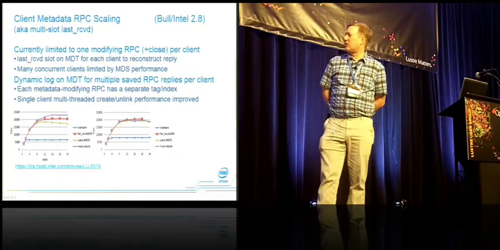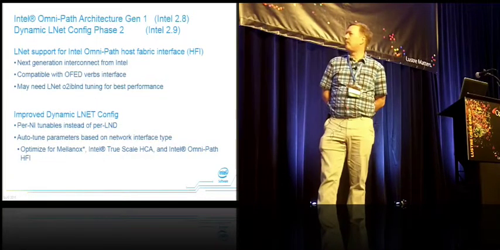The bottom line is the current performance with the RPC serialization, and some early testing just to disable the serialization shows that there's a lot of headroom in terms of what a single client can do with multiple threads. And so work is ongoing to implement the multi-RPC support, and that's intended to be completed for 2.8 as well.